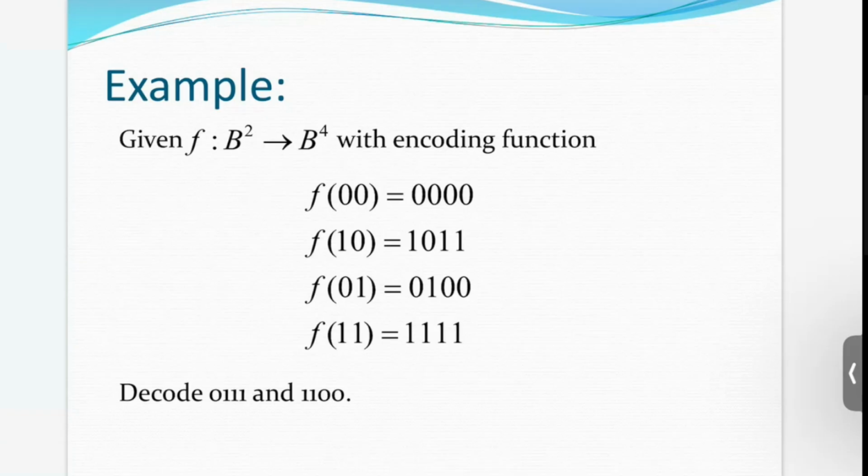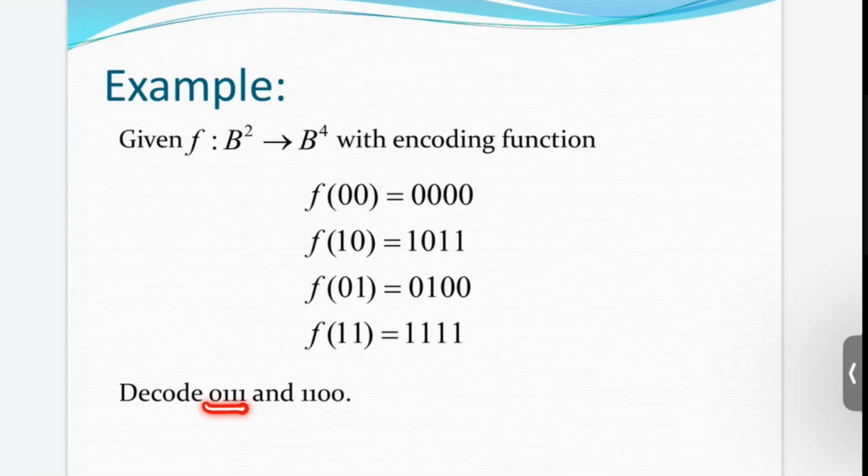Now look at this example. Given f from B^2 to B^4 with an encoding function. This is the 2 code and this is the 4 code.